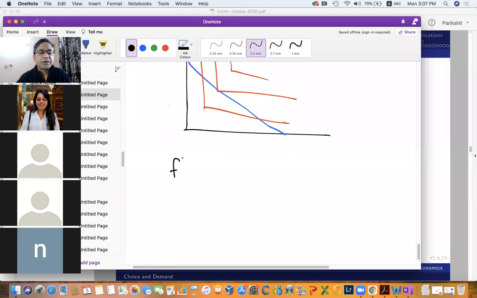We have our first equation, f1(x, a) = 0, where x is the vector and a is the vector of parameters. f2(x, a) = 0, all the way down to fm.